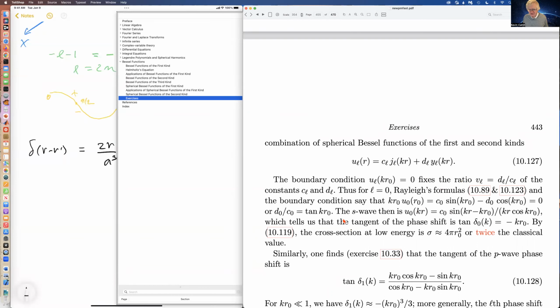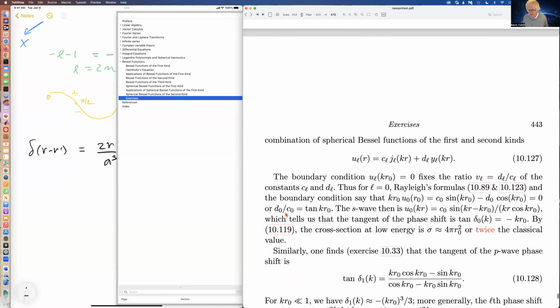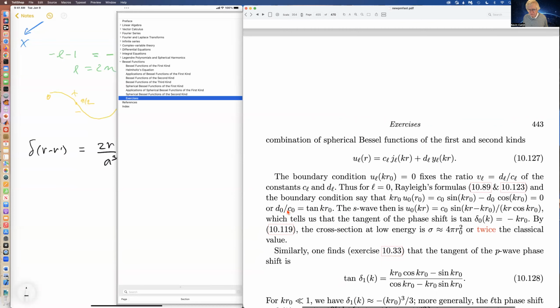Anyway, one then finds that for L equals 0, the ratio is the tangent of KR0.